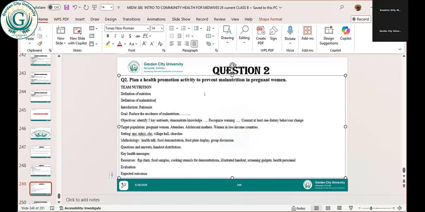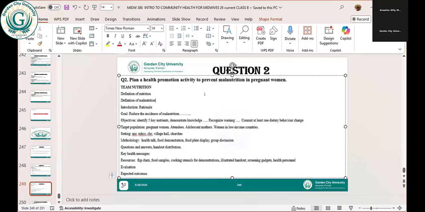Recognize warning signs, yes. Commit at least one dietary behavior change. How will you measure commit? If you tell them that they should, how are you going to measure that behavior change that will help you reduce the incidence of malnutrition?